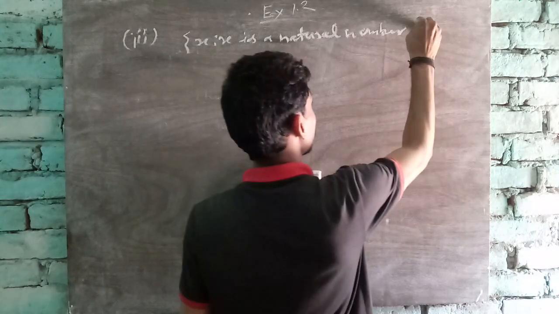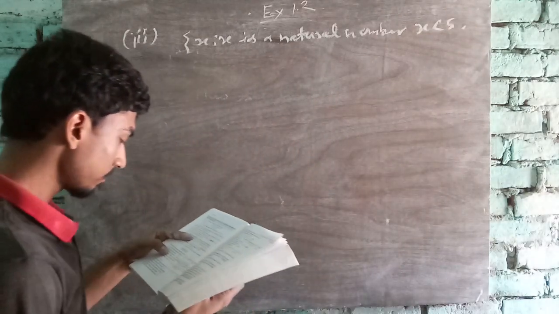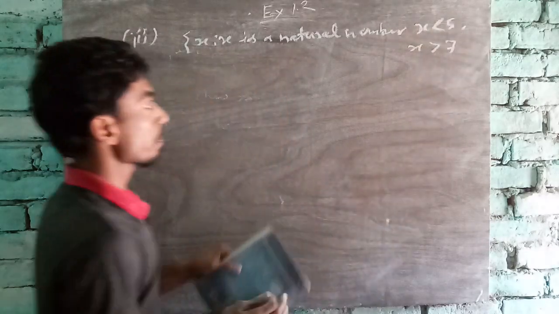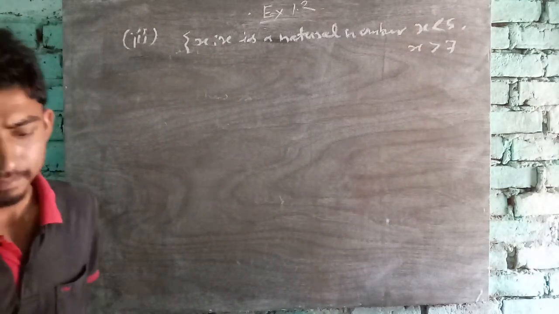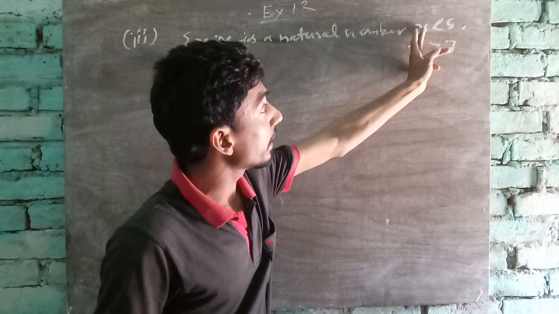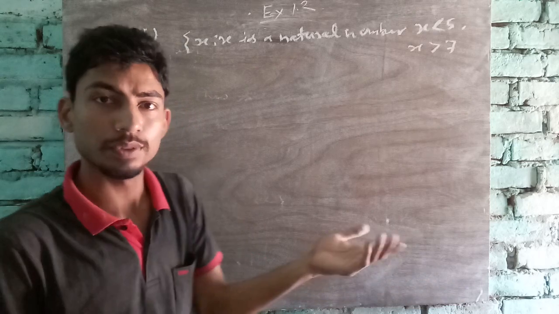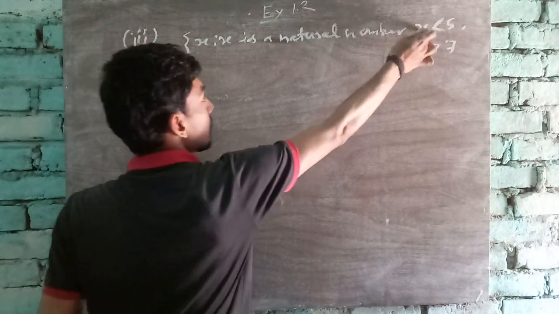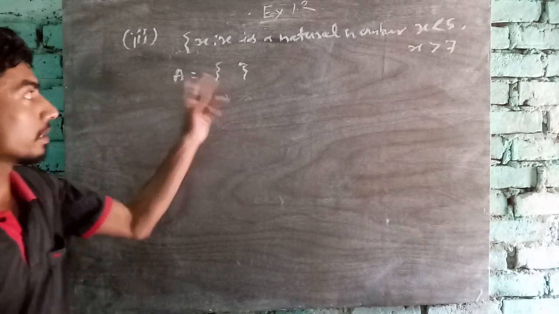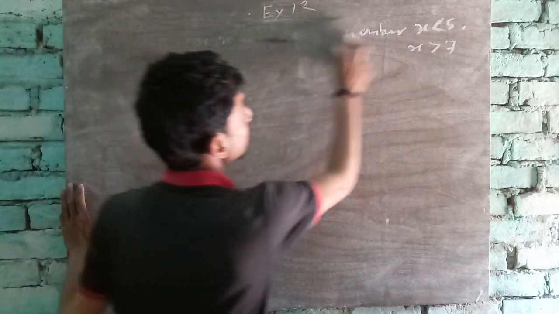Here x is a natural number and x is less than 5 and greater than 7. There is no natural number which is less than 5 and greater than 7. Therefore this is an empty set. Similarly you can solve question number 4. Now we see question number 2.